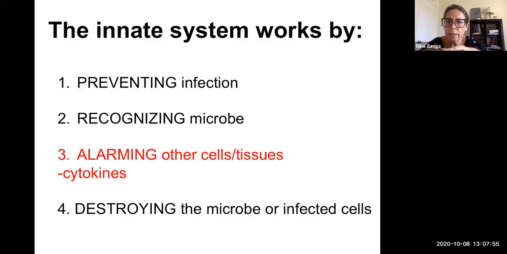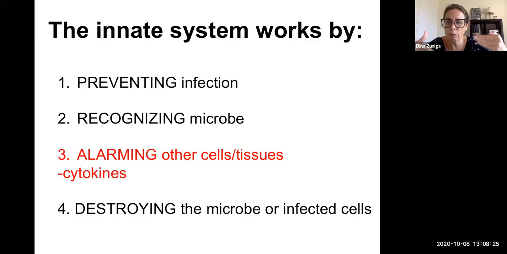And this will activate adapters, and we talked about MYD88 and TRIF being adapters for some toll-like receptors. And after that, there is a signaling cascade with kinases, and we talked about IKK and TBK1 kinase, which will activate transcription factors.